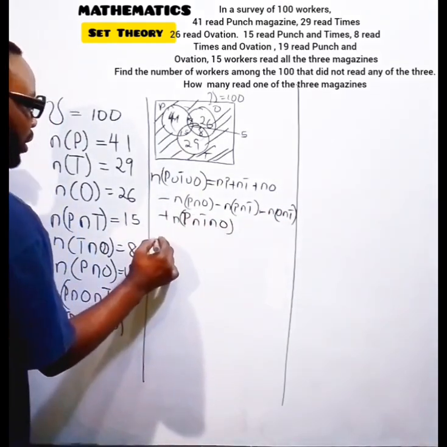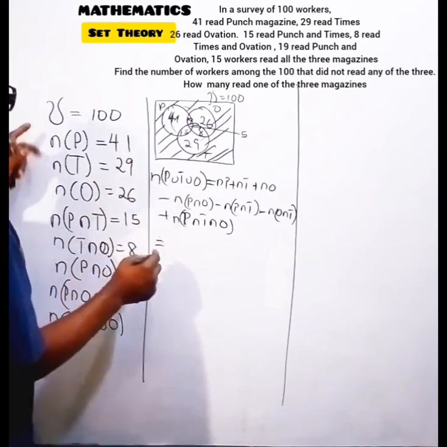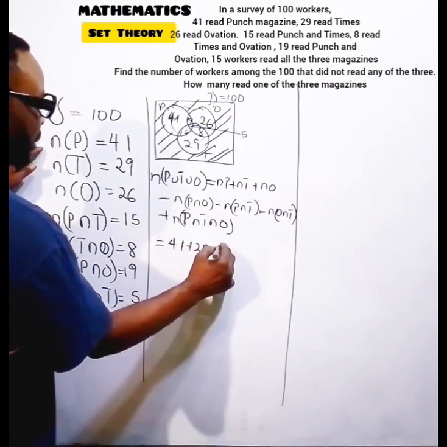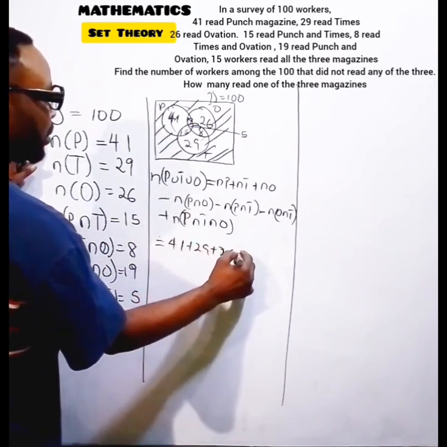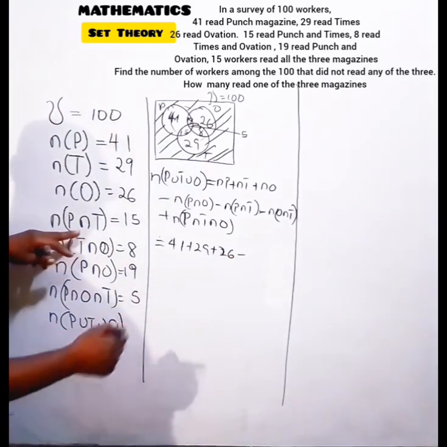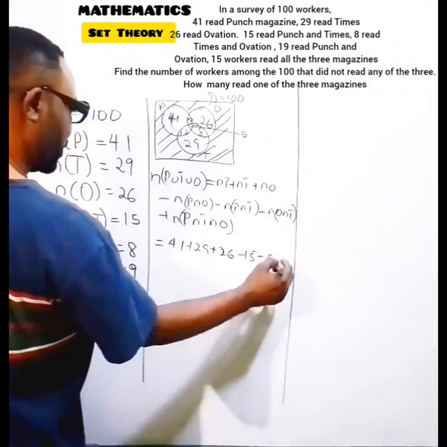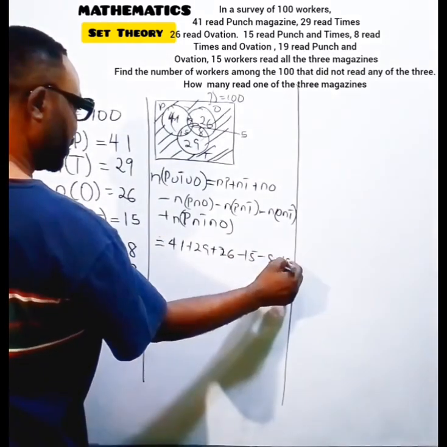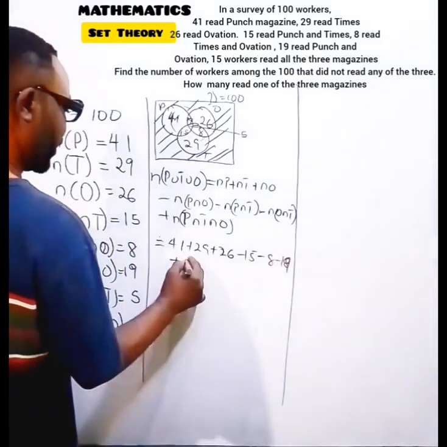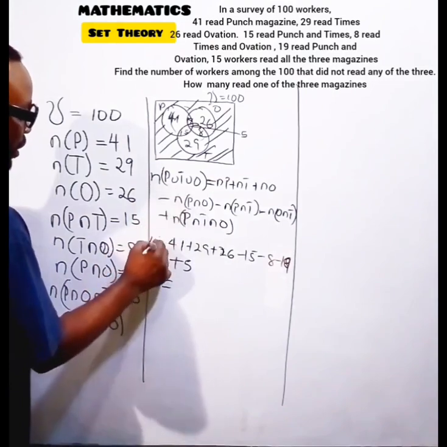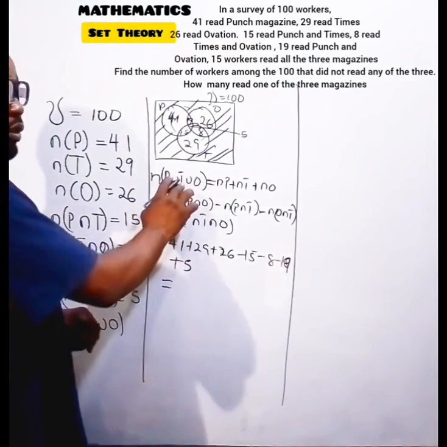That is 41 plus 29 plus 26, minus 15, minus 8, minus 19, plus 5.